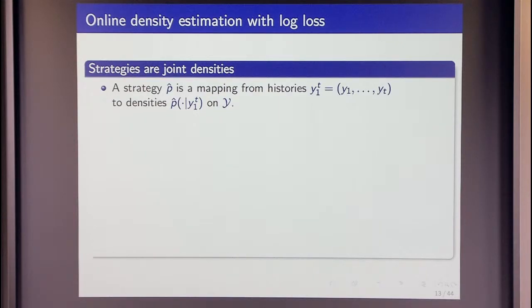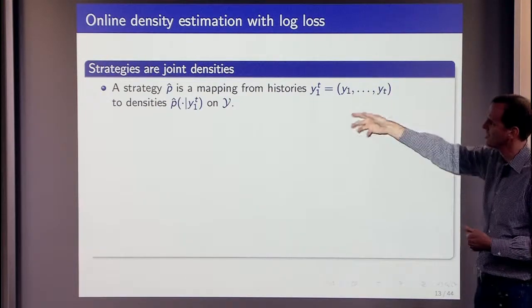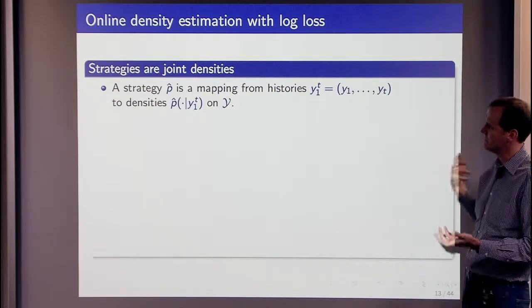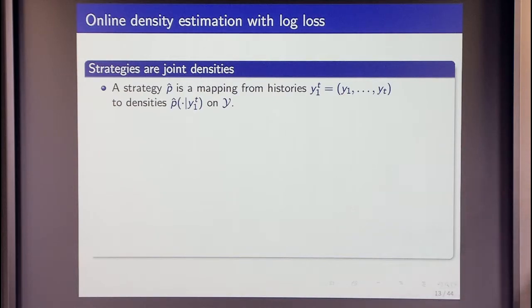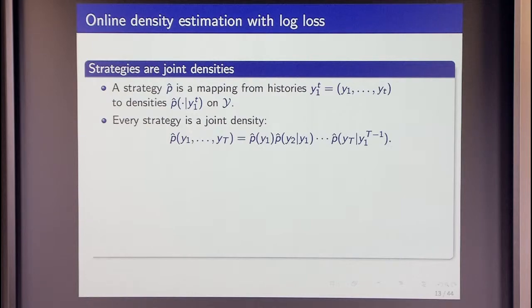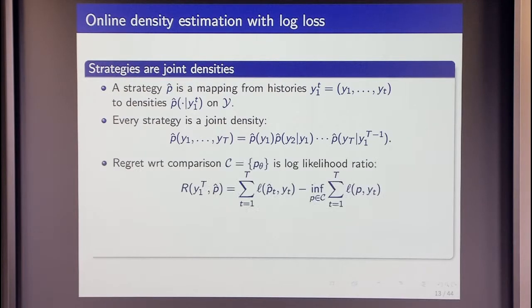So given a history, the previous sequence of outcomes y1 through yt, if we have a mapping from those histories to densities on y, well then we can just multiply those up to give us a joint density, right? So every strategy is just a joint distribution on outcomes, and then the regret is just a log likelihood ratio, right? It's the maximum log likelihood versus log of our predicted joint density.